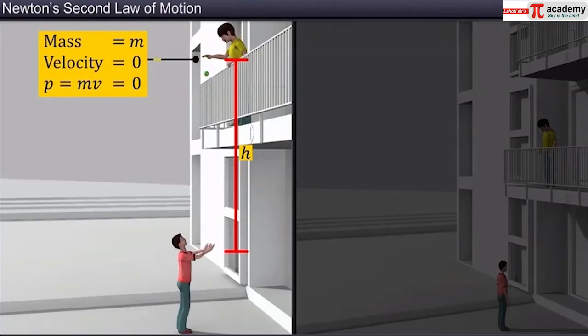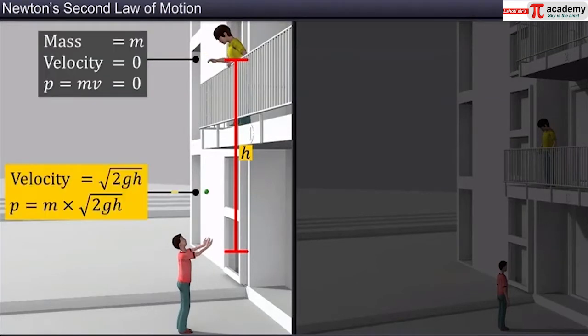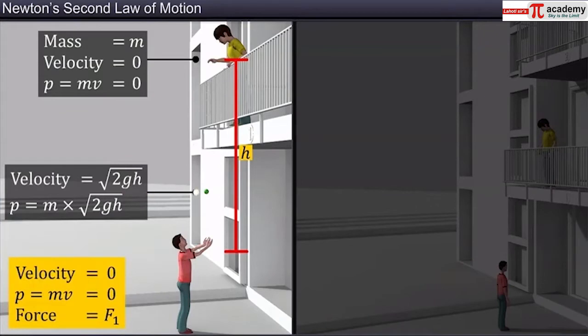As the ball goes down, it gains some velocity and hence acquires a certain momentum. A boy standing on the ground below catches the ball by using a force F1. The momentum of the ball becomes zero during the process of catching it, as it comes to rest.